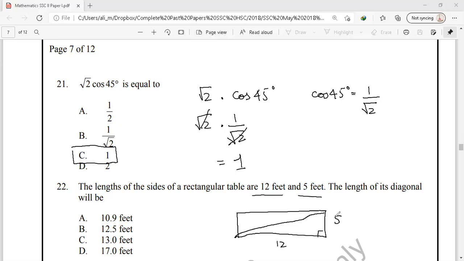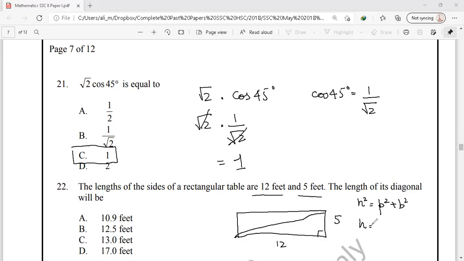We know that this is our rectangular table, so we can use this 90 degree angle to find the side opposite to the 90 degree, that is the hypotenuse. We know that hypotenuse square is equal to base square plus perpendicular square, the famous relation known as the Pythagoras theorem.